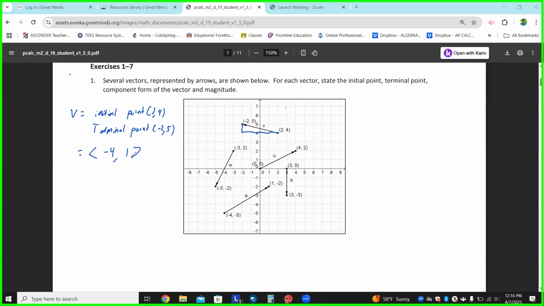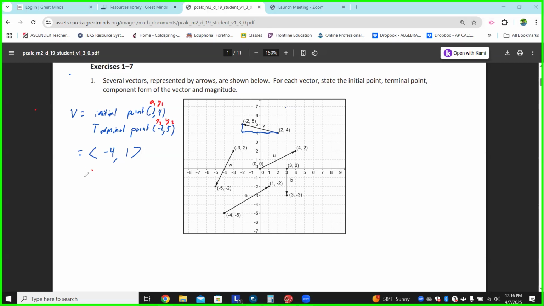A lot of times though, especially on the ACT, they'll just give you the points and ask you to find the component form. To do that, I'm going to label it like this. The initial point we'll call x1, y1. The terminal point we'll call x2, y2. What you're trying to find is just the difference between the x's.